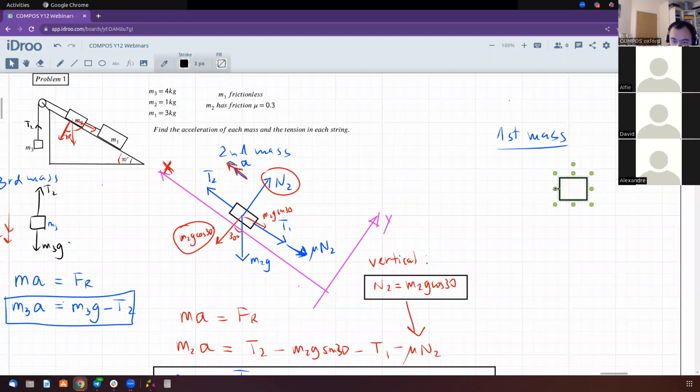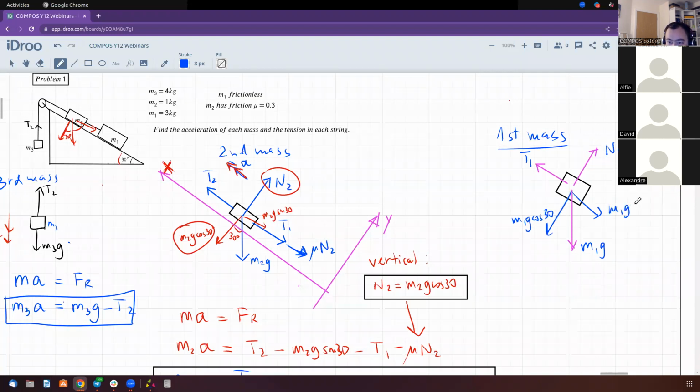So this is M1. So this is M1G. There is tension, T1. There's normal reaction. And that's it. There are no other forces. So this is N1. This is T1. And this is M1G. M1G, we split into components. M1G cos 30. M1G sine 30.